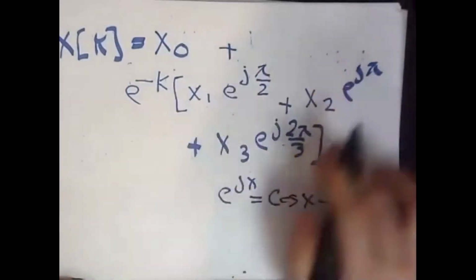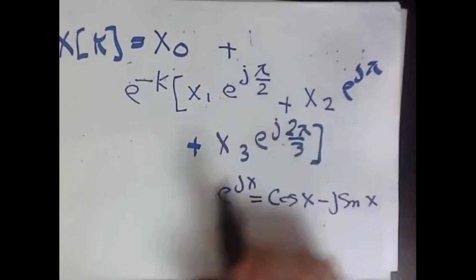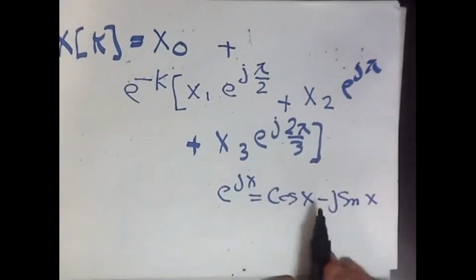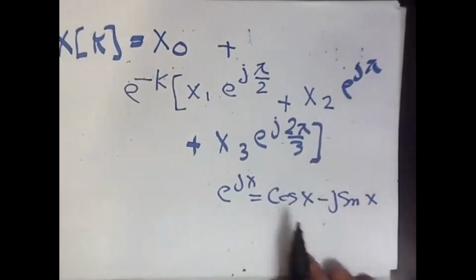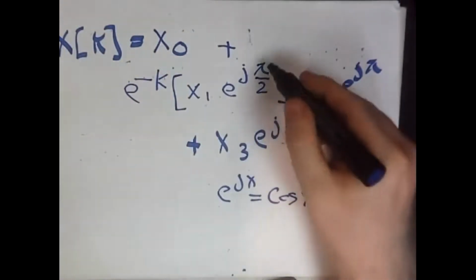So you can determine these values. Let's start, for example, with e power minus j pi over 2. E power minus j pi over 2 is simply cosine pi over 2 minus j sine pi over 2. Cosine pi over 2 is 0 and sine pi over 2 is 1. So this is minus j.